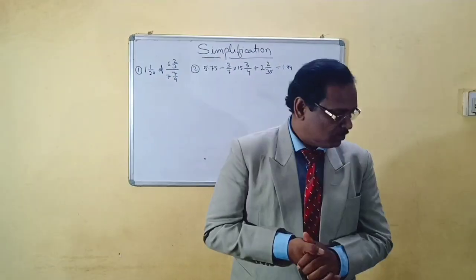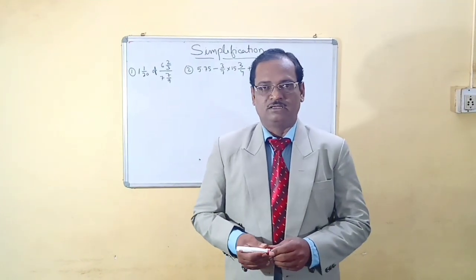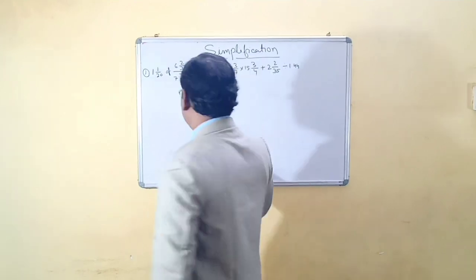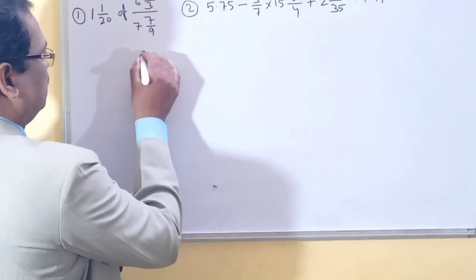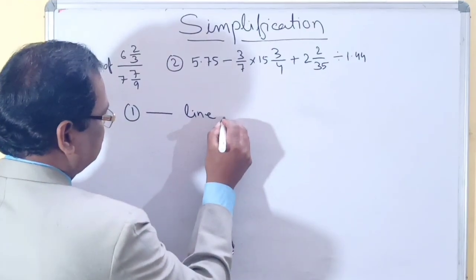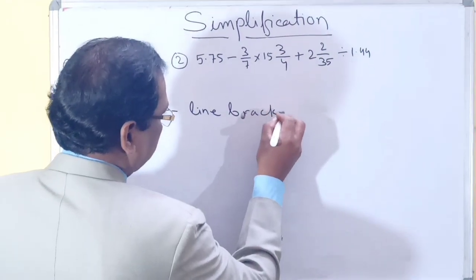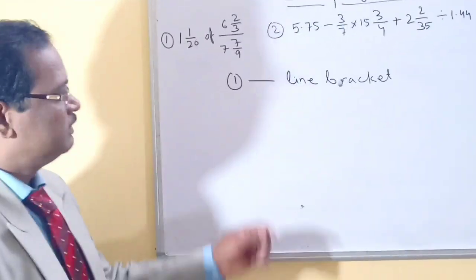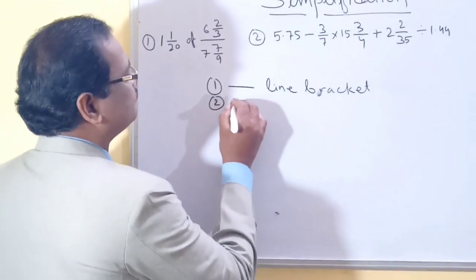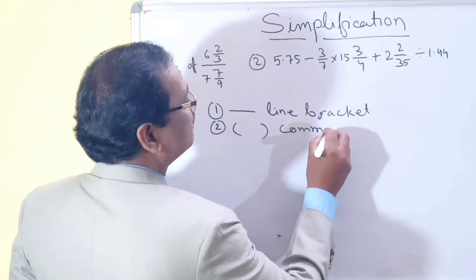First of all, we have to know the different types of brackets. There are 4 types of bracket I will discuss here. Number 1 is called the line bracket. Number 2 is the common bracket.